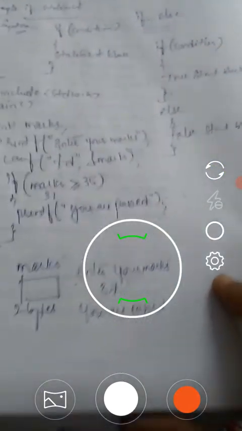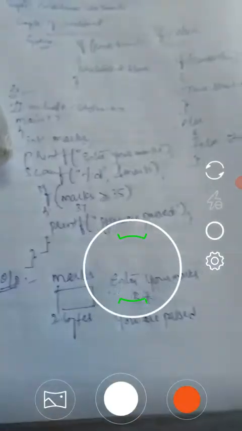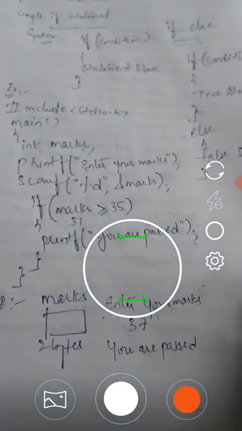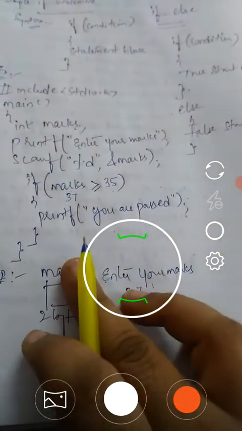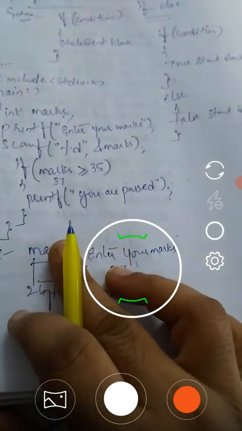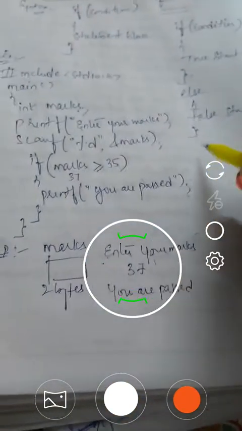Let us deal with the same example. If a person enters his marks, this program is going to tell whether he passed or failed. For that I am writing this program again here.